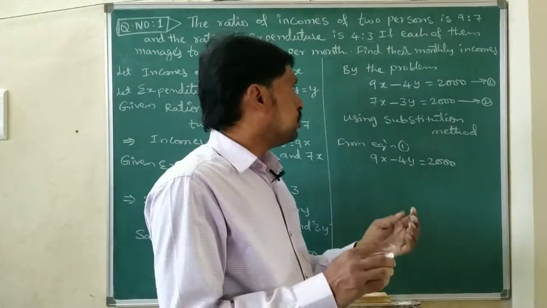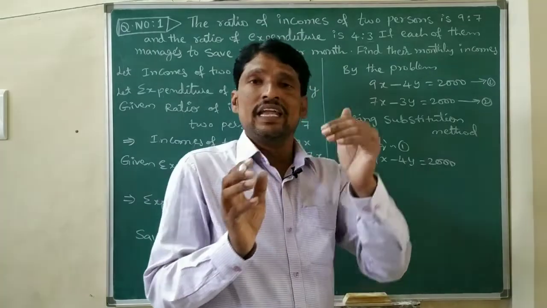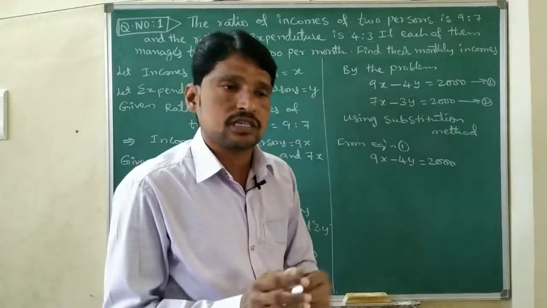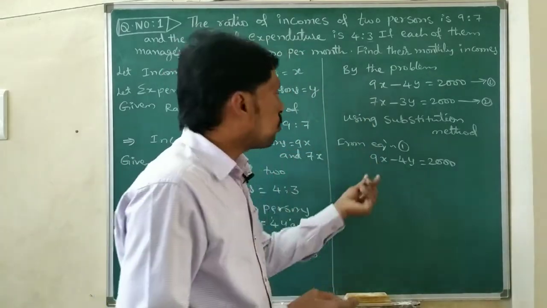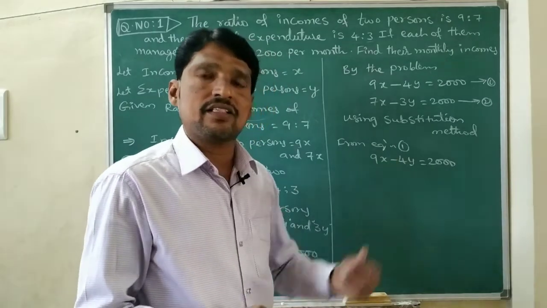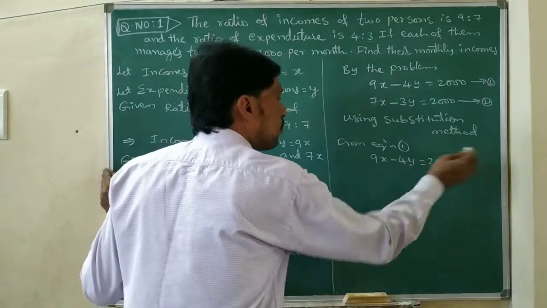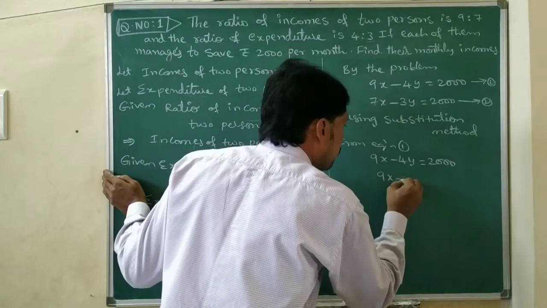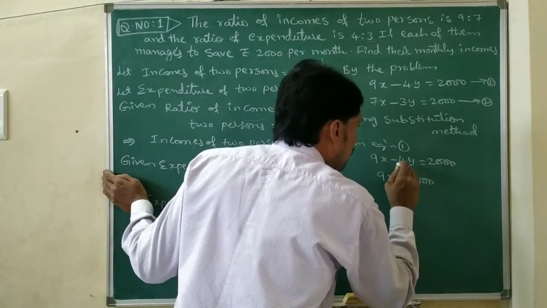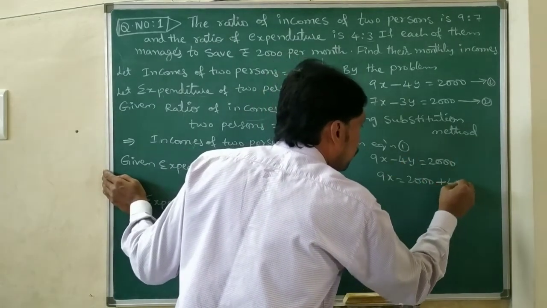In the substitution method we can take any one variable as the subject, either x or y. So I am taking x as the subject, meaning this 4y you have to transpose. 9x equals 2000 minus 4y becomes plus 4y.